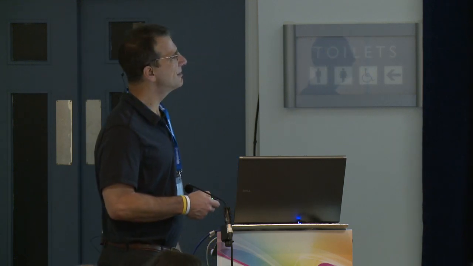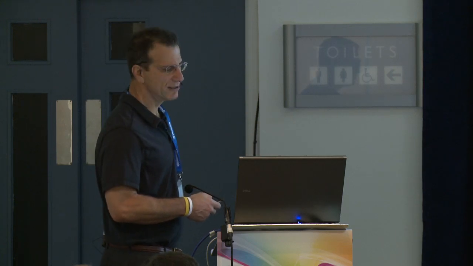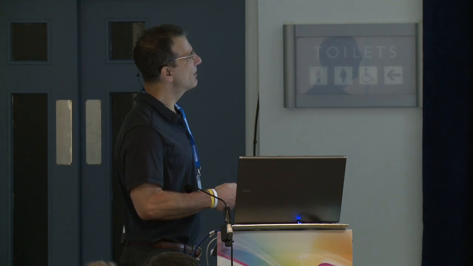Now this is pretty technical, but I figured I would describe it. 640 by 480 is a 4 by 3 aspect ratio, and there are a lot of 4 by 3 aspect ratios in these videos.